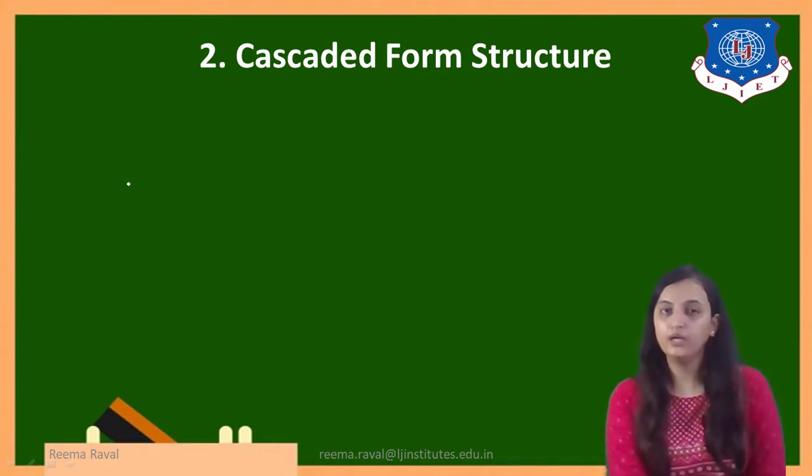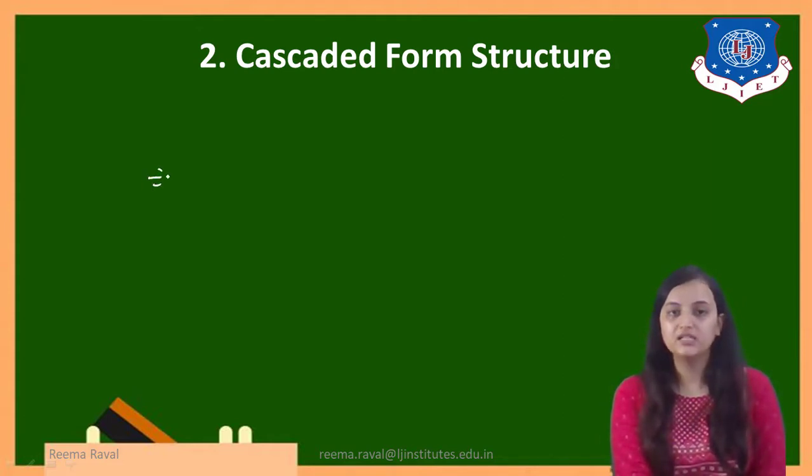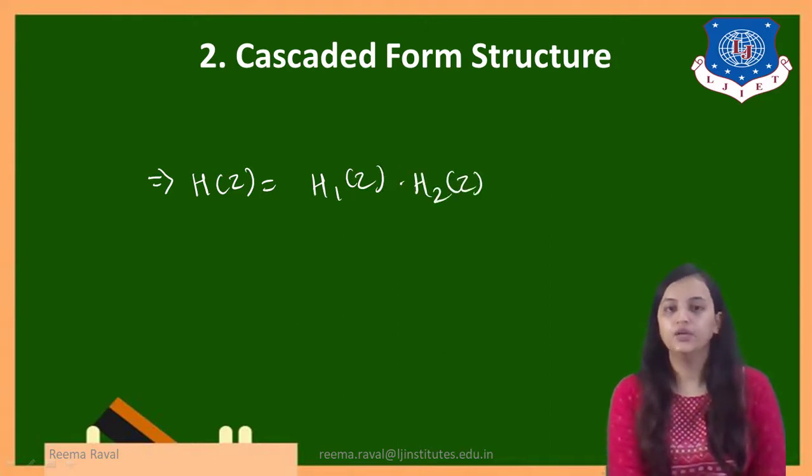There is no requirement to take the all-zero system or all-pole system. You can take the combined numerator and denominator part, or you can divide according to the requirement, to make the final system function H(z) equal to H1(z) into H2(z) into H3(z) up to Hn(z).